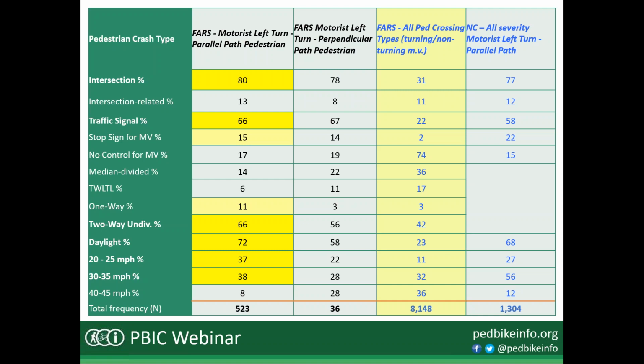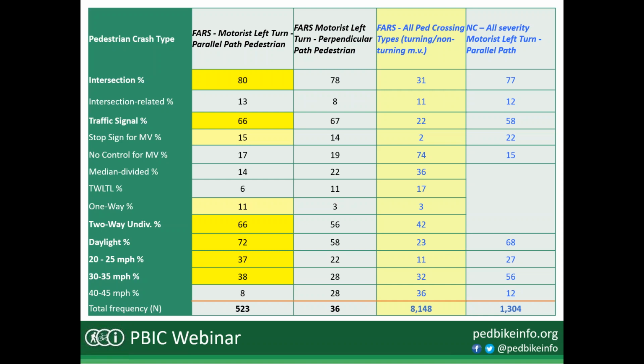And these are data elements reported to FARS and where we had common elements in North Carolina. Some of these are actually from the crash typing process, which some of you who've been on these earlier webinars may have heard me explain, that NHTSA has been coding crash types and reporting these data for about 3 years now.